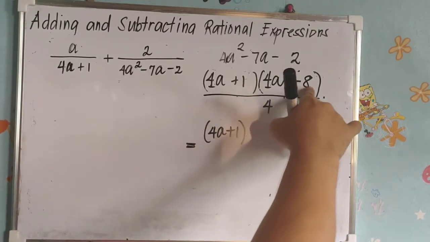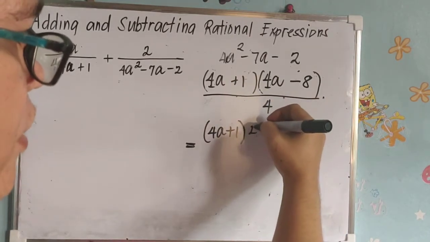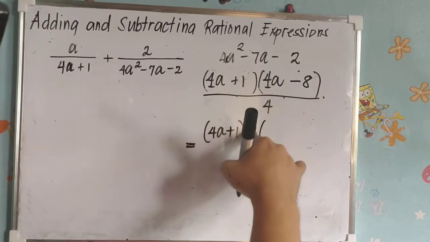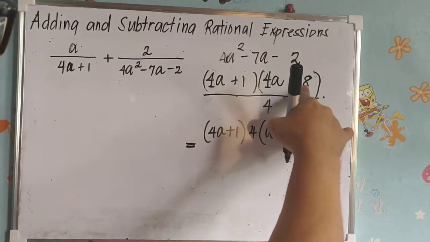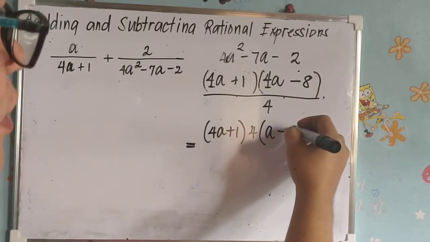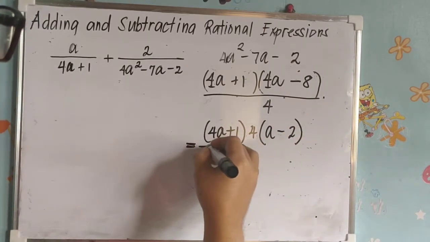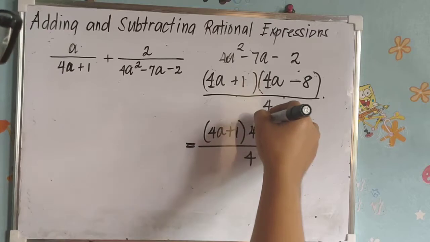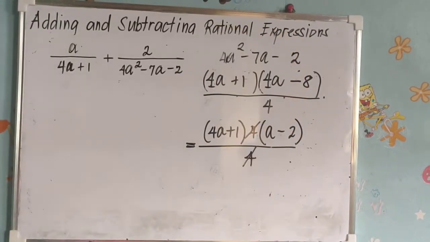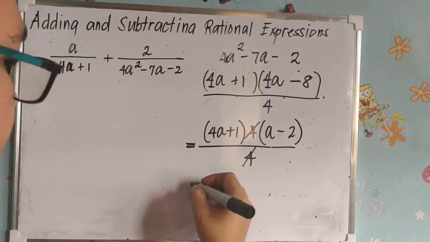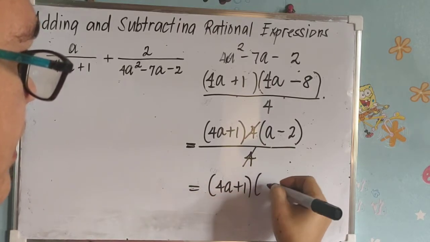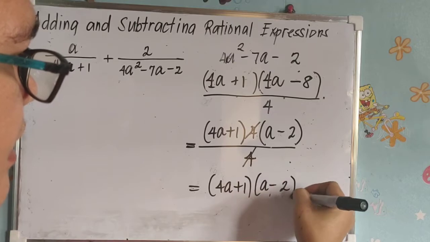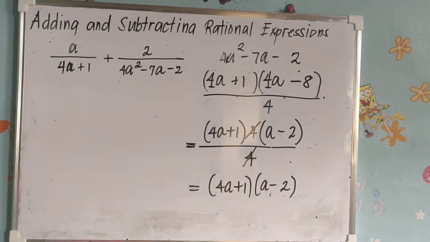And 4a minus 8, there is a common factor 4. Then 4a divided by 4, we have a. And negative 8 divided by 4, we have negative 2 all over 4. And this will be cancelled out. Okay? That means we now have 4a plus 1 times the quantity a minus 2.